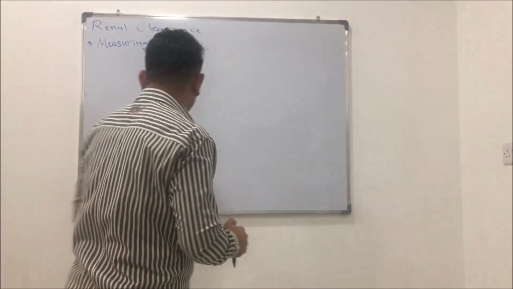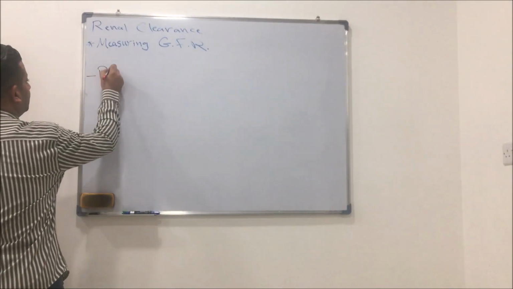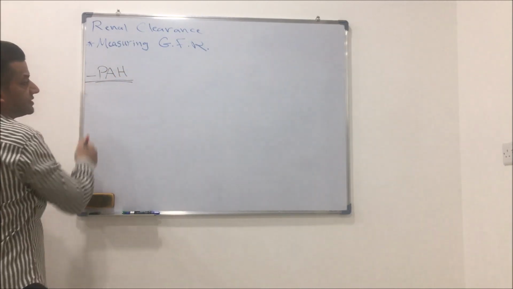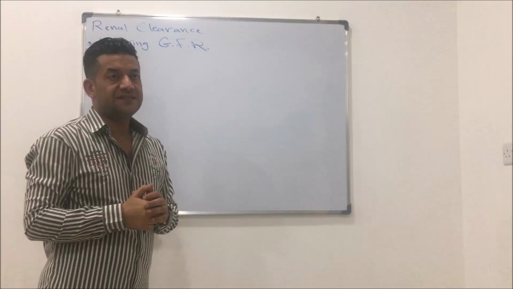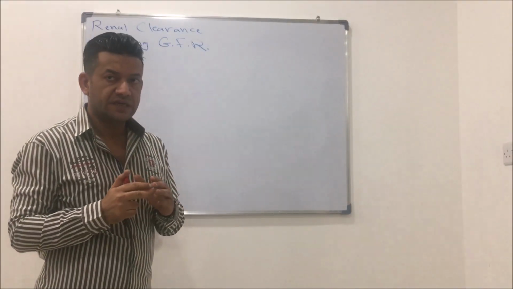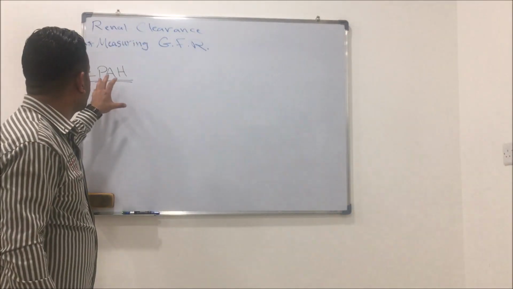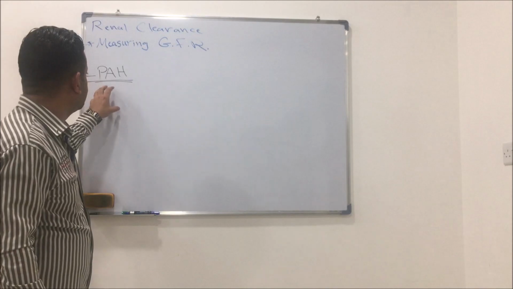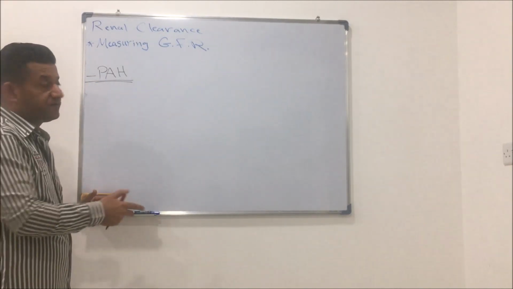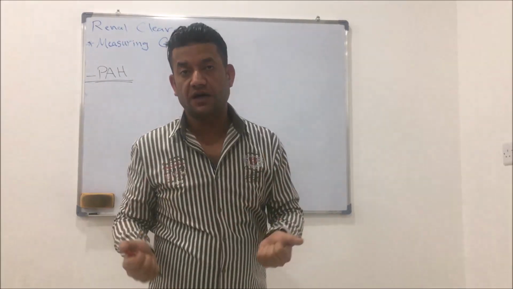For example, we have the substance para-aminohippurate. This substance, para-aminohippurate, is secreted by renal tubules, and for this reason the renal clearance for PAH is greater than the GFR.